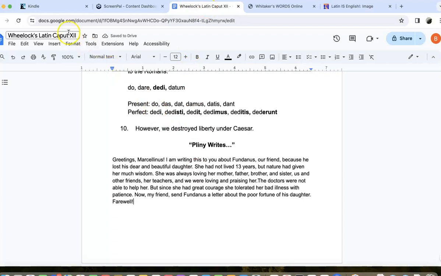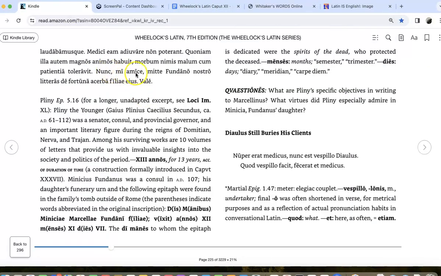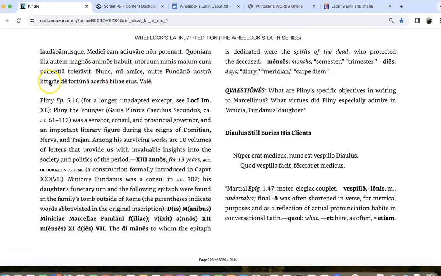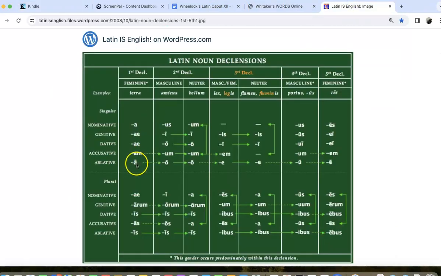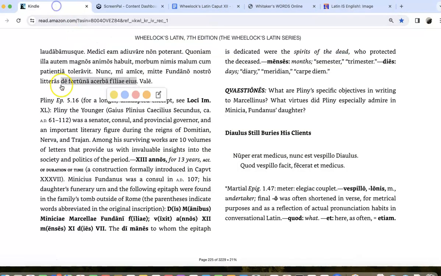So let me go over this last sentence again. So now, my friend, send, literally our fundanos, a letter about thee. So Latin often doesn't have thee, so we have to probably put that in, about the poor fortune, fortuna acerba, of his daughter. So this last ablative phrase is a little bit tricky. Remember, de is always followed by the ablative. So first declension, ablative singular is a. So that's where we're getting fortune.